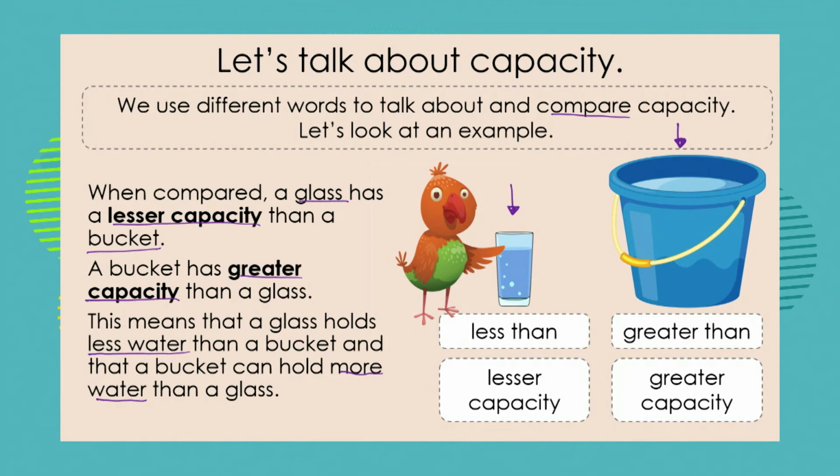So the important words over here, grade ones, are less than, greater than, lesser capacity, greater capacity. I'm sure these are some words you have heard before when doing numeracy.